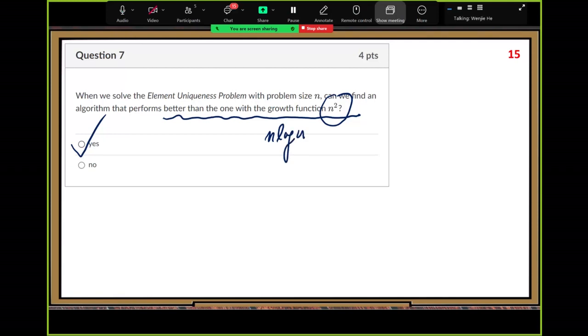And for this n log n, we calculated a limit, right, to compare with the n squared version. That limit tells us this growth function belongs to little o of n squared. That means it is better than the n squared algorithm.